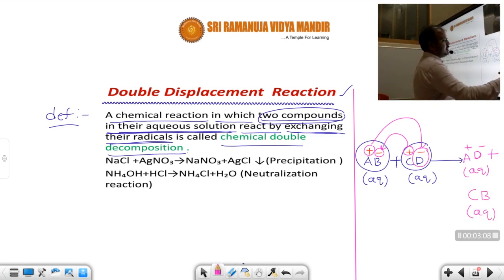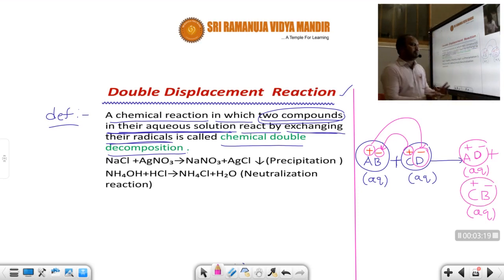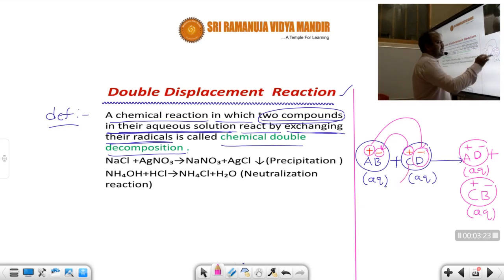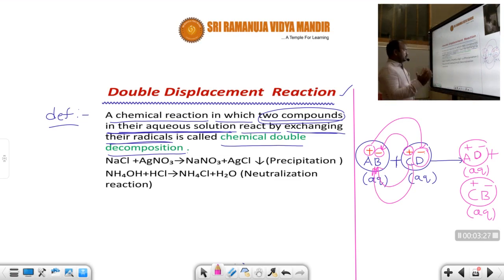One is C plus, B minus. So AD salt as well as CB salt will be formed. How will it be formed? By exchanging their radicals. Here A plus and D minus, C plus and B minus. Here the two compounds in their aqueous solutions react by exchanging their radicals.